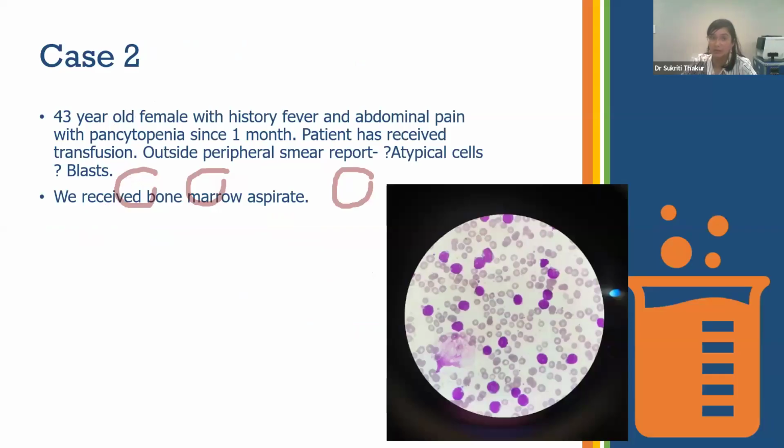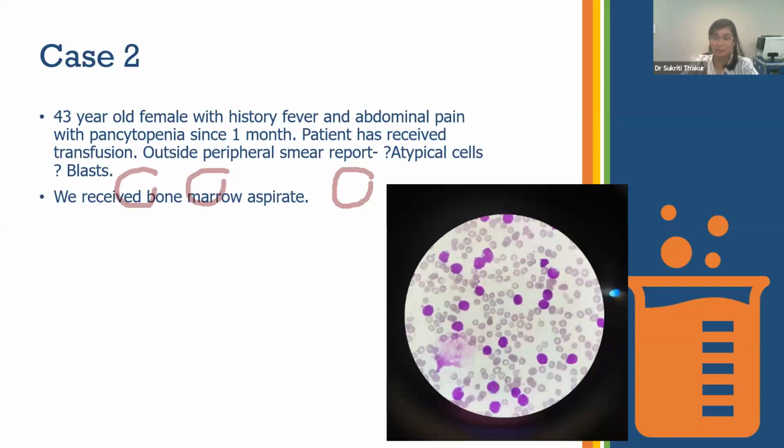Again, a 43-year-old female, an elderly female, came to us with a history of fever, abdominal pain with pancytopenia since 1 month. The patient had received transfusion, maybe because of the pancytopenia, and the outside peripheral smear reported atypical cells and blasts.